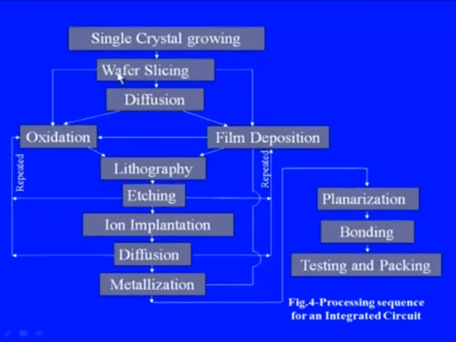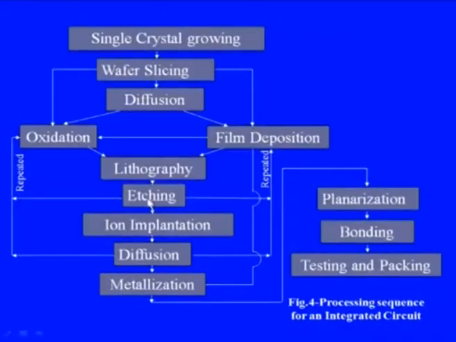In some applications diffusion may not be required, so we may go directly for oxidation or film deposition. In some cases diffusion and oxidation are both required, or diffusion plus film deposition. Depending on the requirement and the technology, the processes may vary.